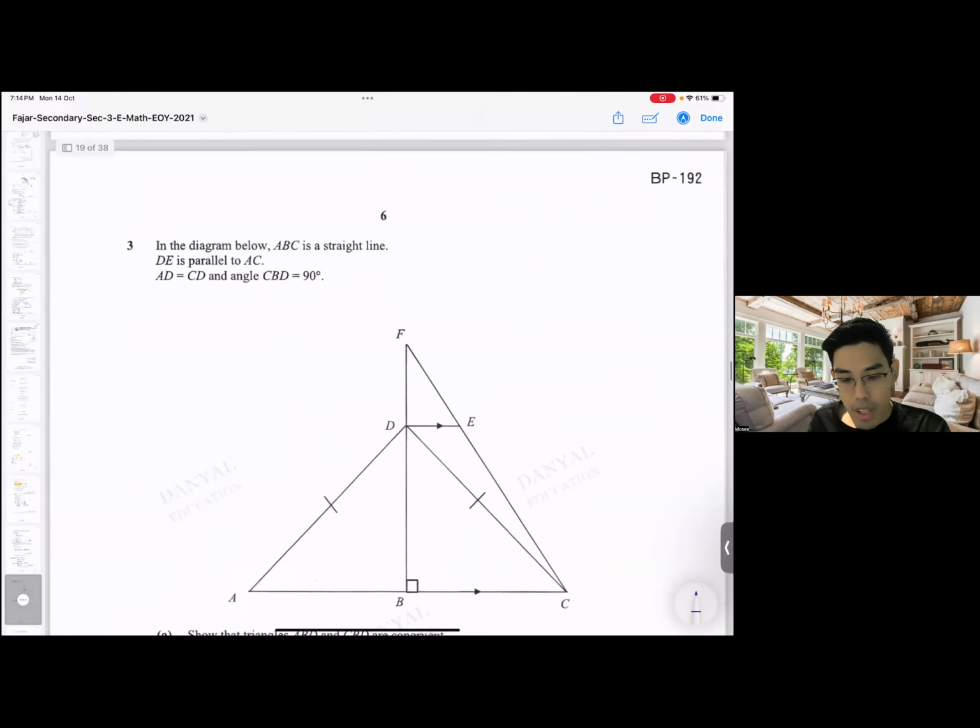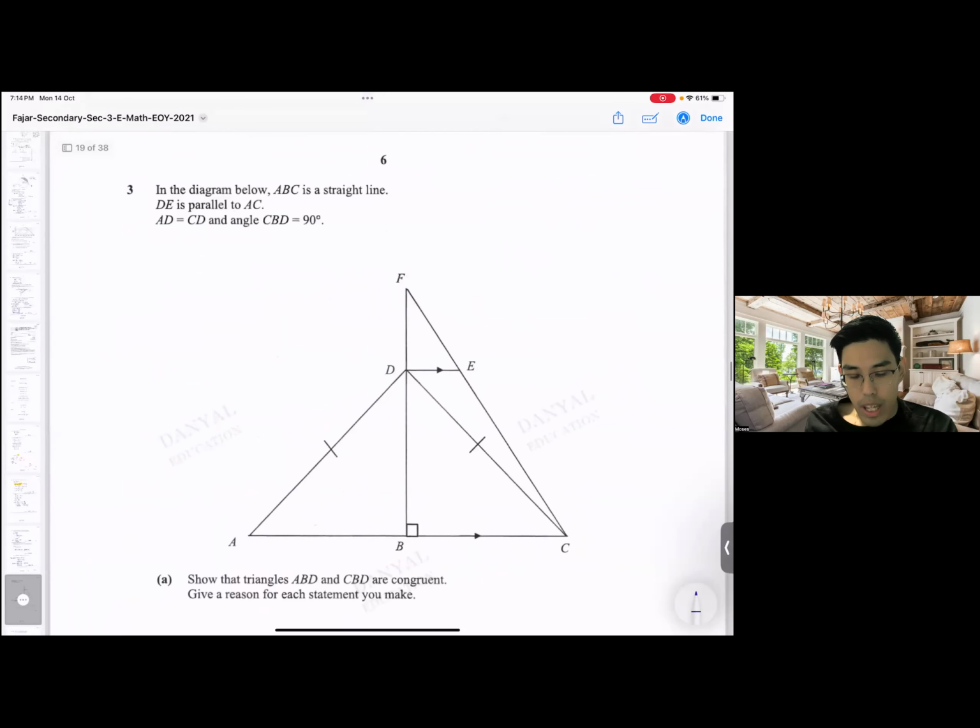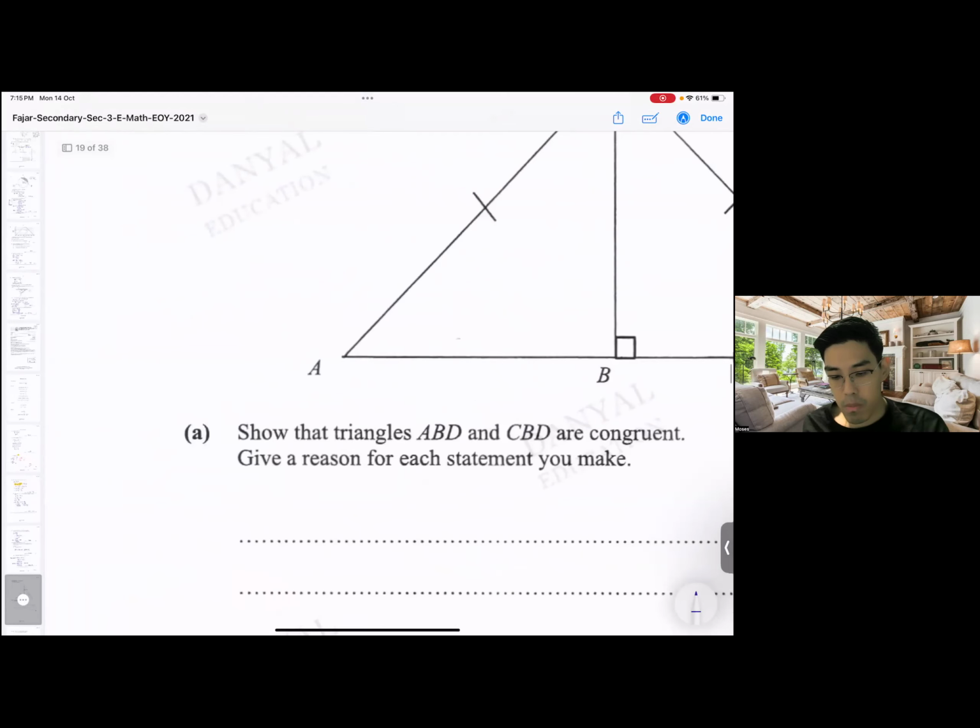Okay, let's move on. Show that triangles ABD and CBD are congruent. Give a reason for each statement that you make. They already mentioned that AD equals CD. So number one, I can straight away say AD equals CD because it's given.